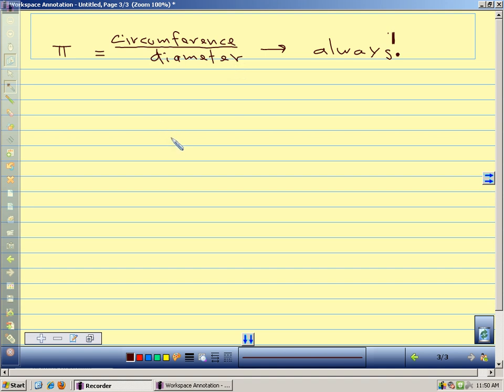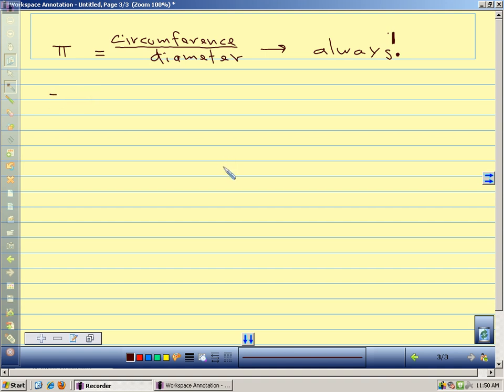Now, when we write our answers to problems that involve circles, we have to calculate with pi, and the problems will ask you to write your answers in two different ways. It will ask you to write them as a decimal, and it'll say round to the tenth or round to the hundredth.